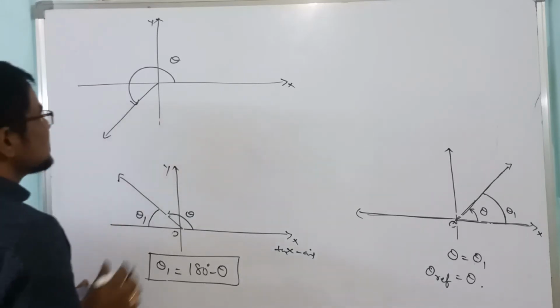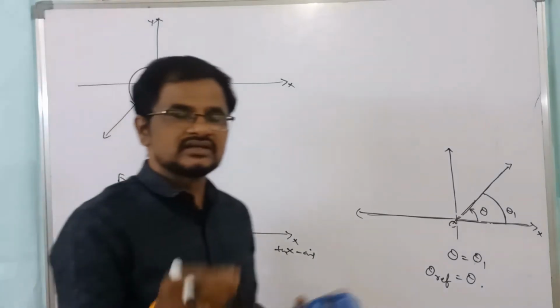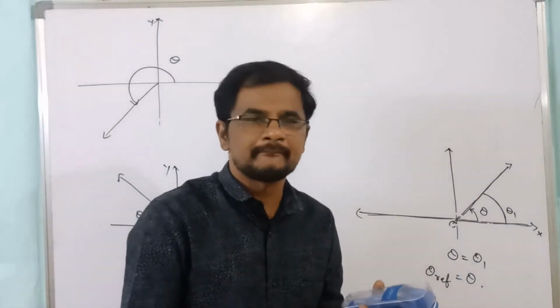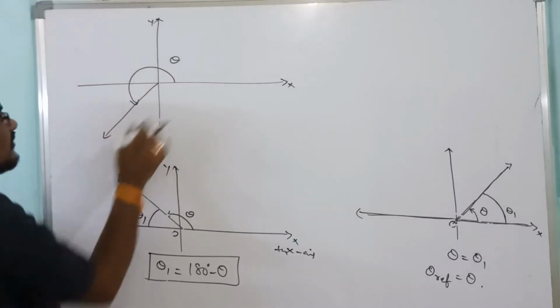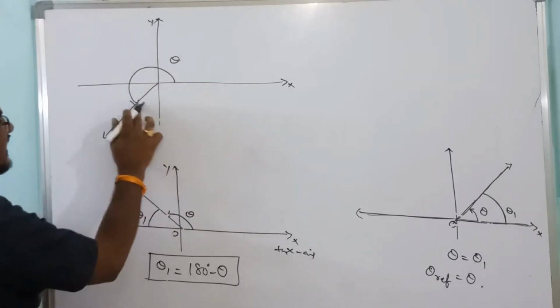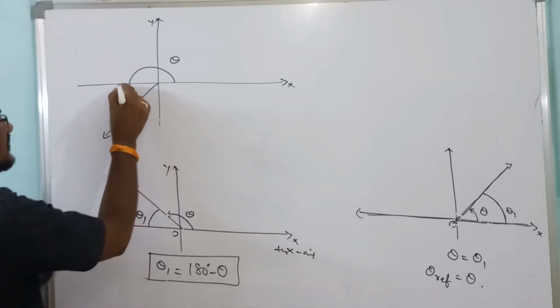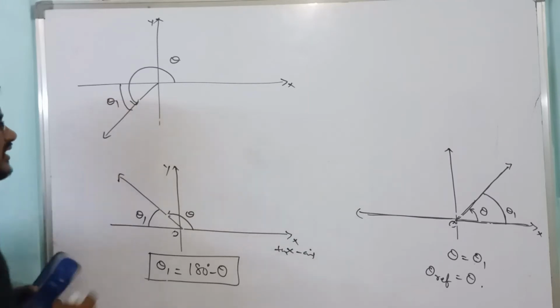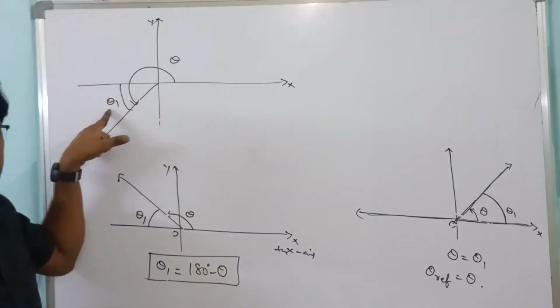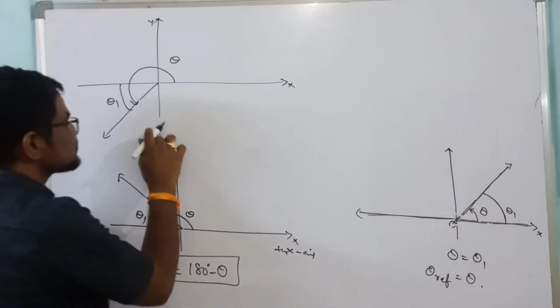Now, what is the reference angle of this theta? The reference angle theta 1 is formed by the terminal side of theta with the x-axis. If you take it here, this is also the x-axis, but you would get an obtuse angle, so we take it like this. This is theta 1, the reference angle for the given theta.